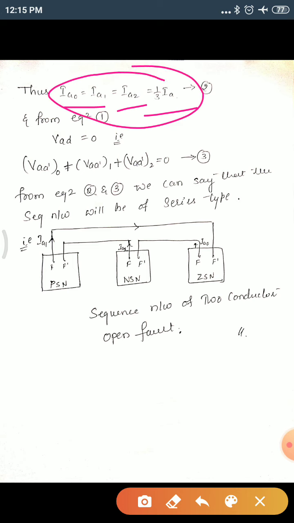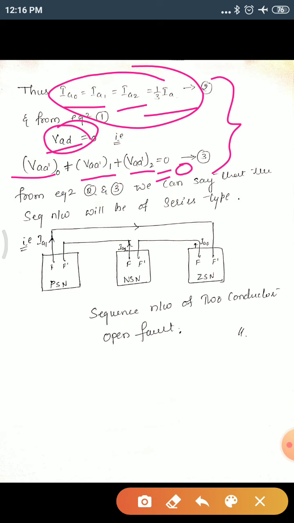I hope you are getting what kind of sequence network we may get in this. From equation 1, VAA dash equal to 0 means the addition of the sequence components of that particular voltage will be equal to 0. That is, the zero sequence voltage, positive sequence voltage, and negative sequence voltage add up to 0. So what do these two conditions represent?